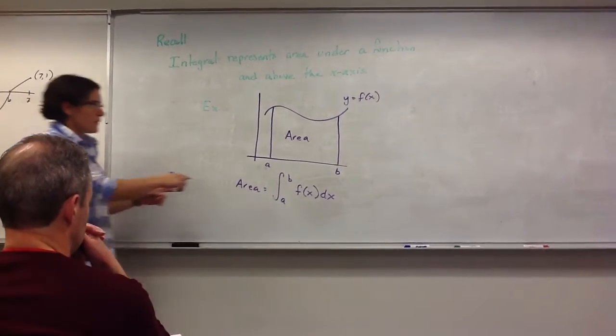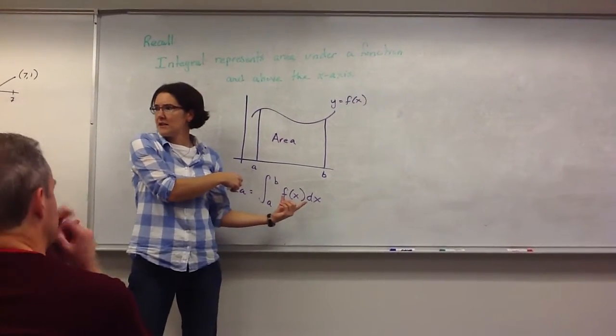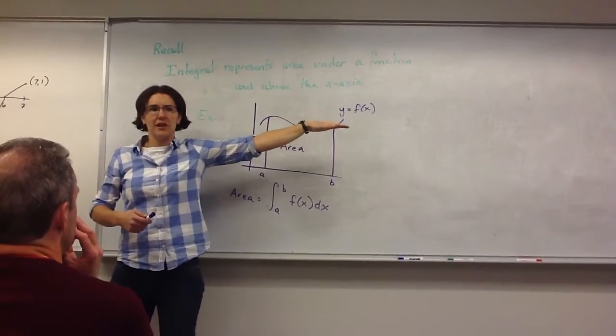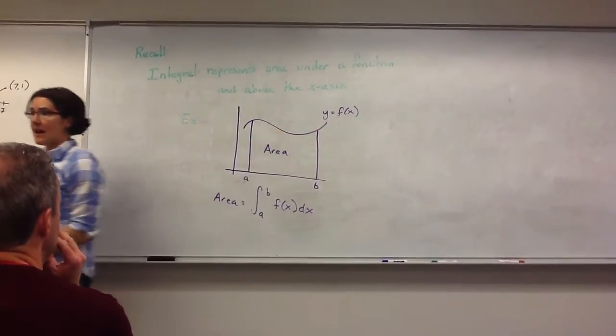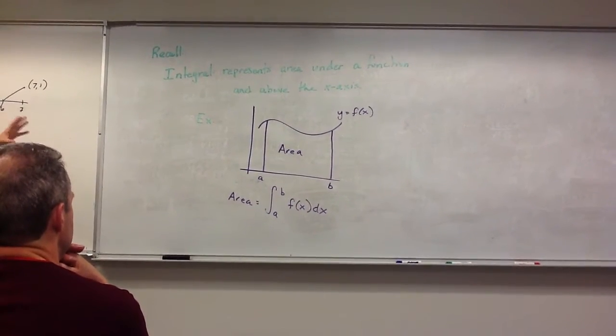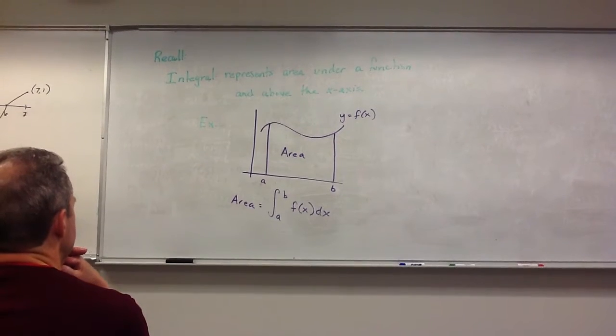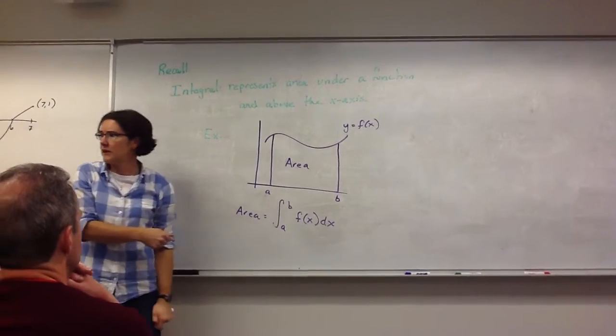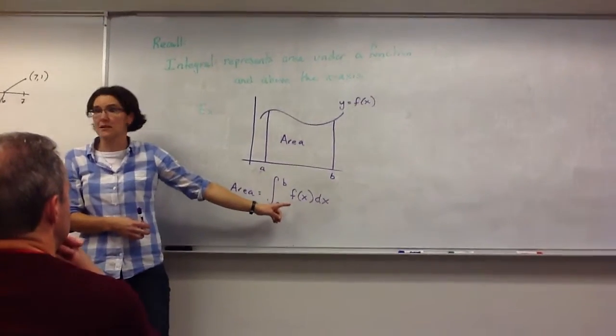One way that we can approximate this area is by taking this curved area and breaking it up into a bunch of rectangles and adding up the areas of all of those rectangles. If we let the number of rectangles go to infinity, then we got the exact area, which was this symbol right here.